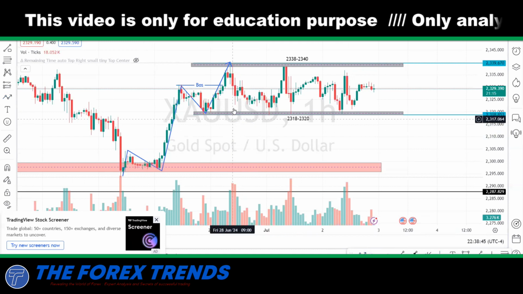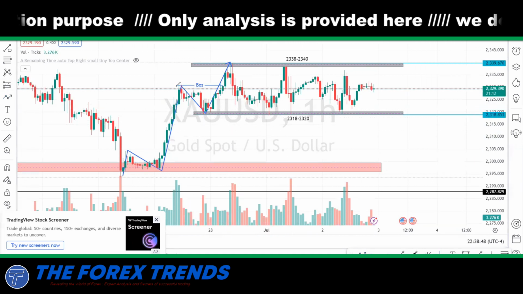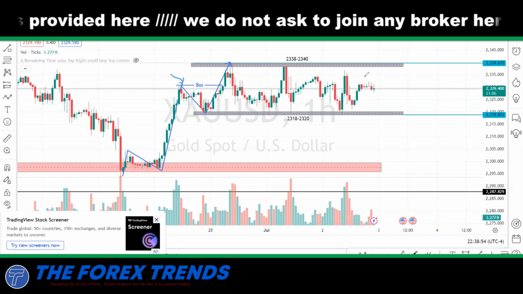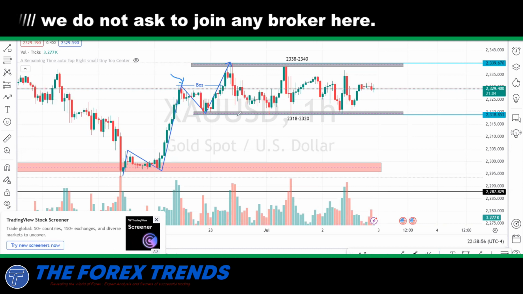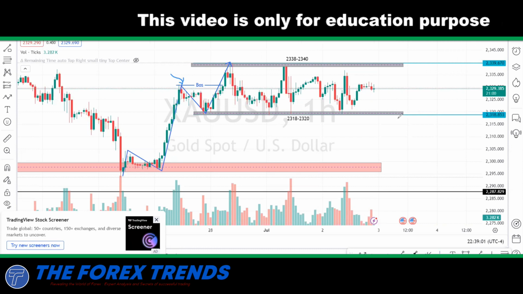Okay, this is our point of interest, and there is a break of structure. So this point of interest is still valid today before news.